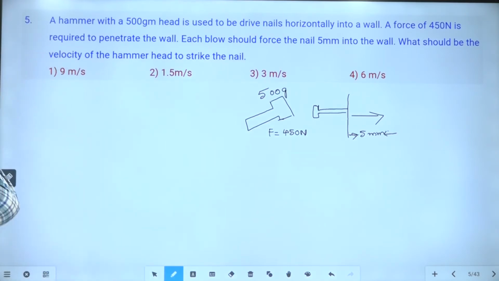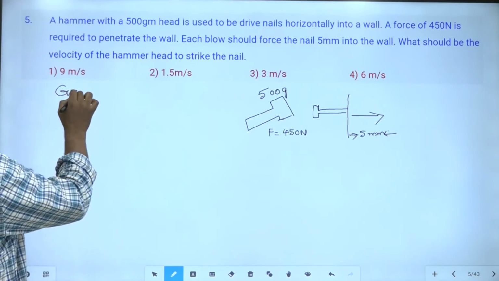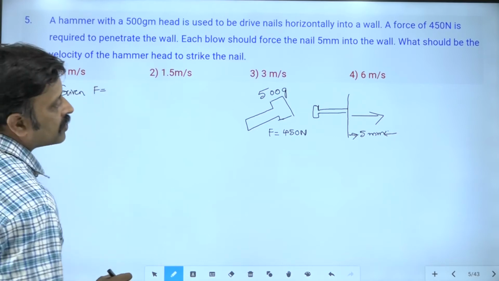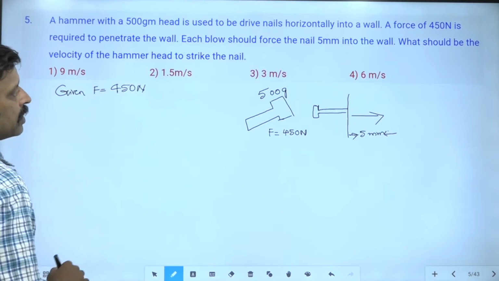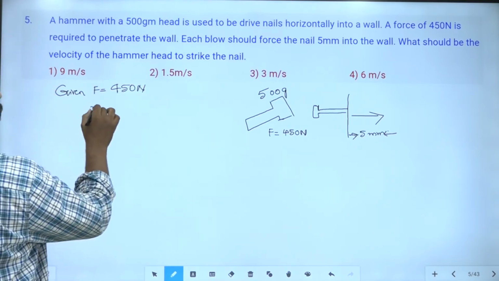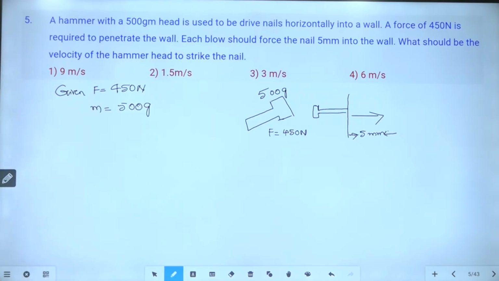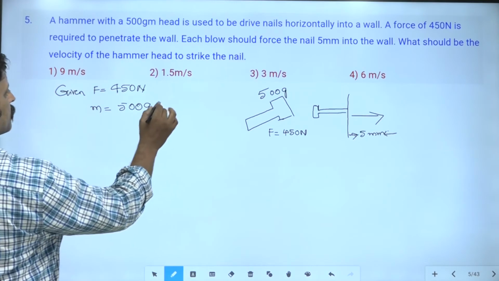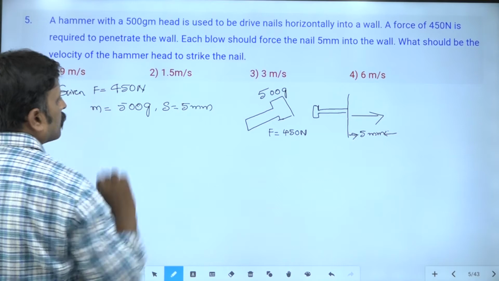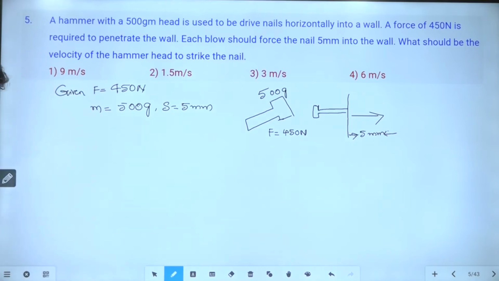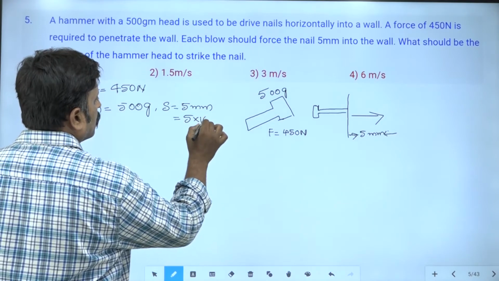So, given force is how much? Force is 450 newtons. Okay. Mass is 500 grams. Then distance, S is 5 millimeter. So 5 millimeter has to be expressed in terms of meter.